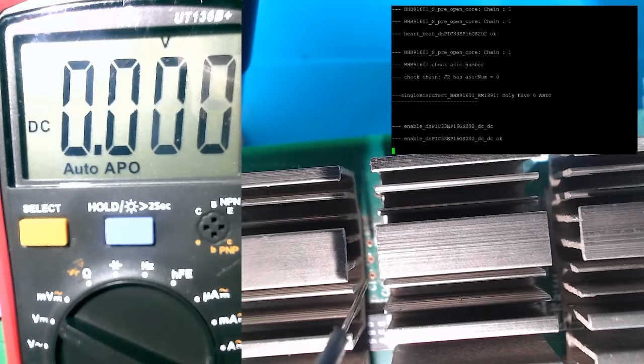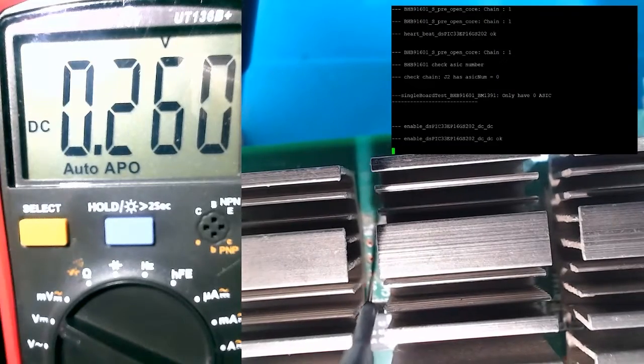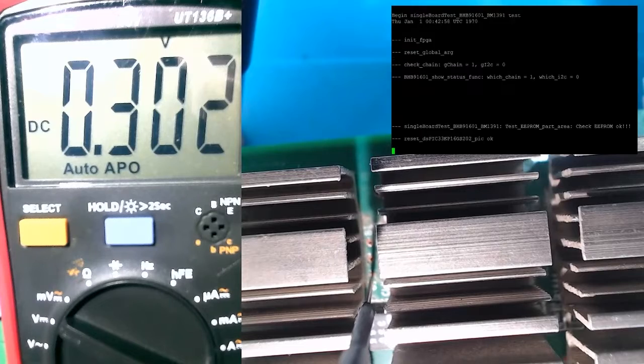Clock signal. All of it is low, so let's replace the chip.